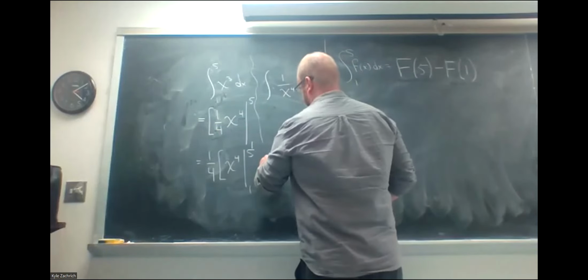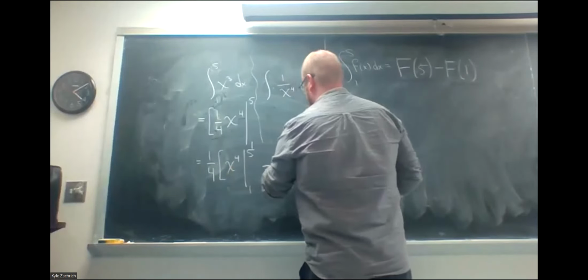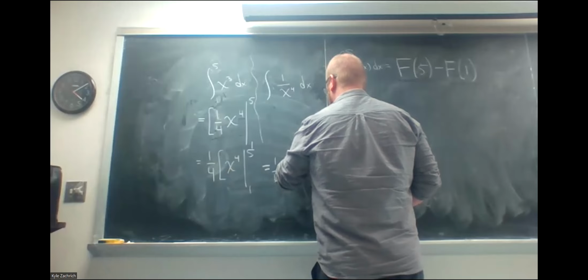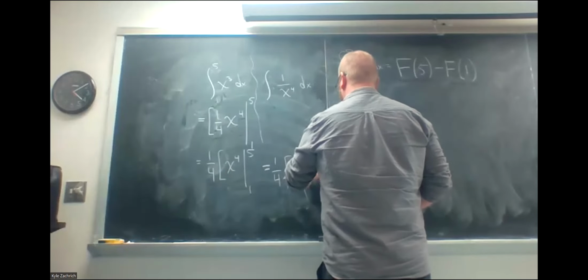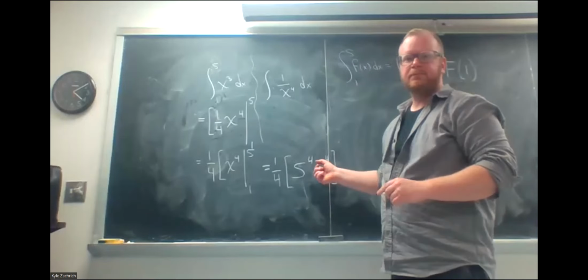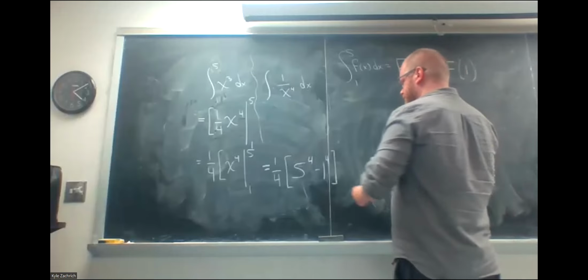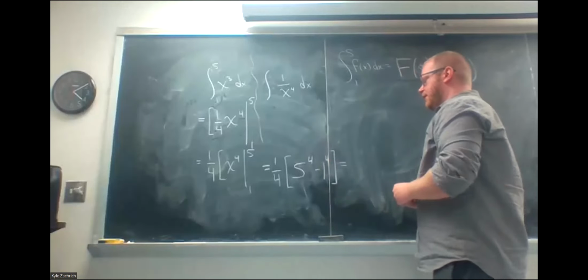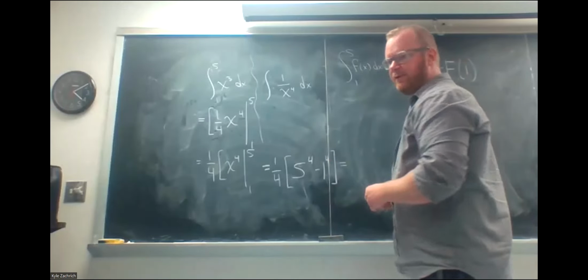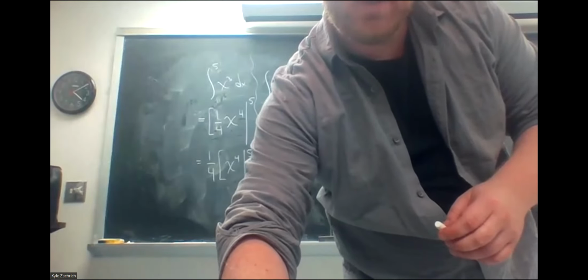So the answer for this one would be 1/4 times 5 to the 4th minus 1 to the 4th. Five to the 4th, I'm not sure what that is off the top of my head. Throw that in there.